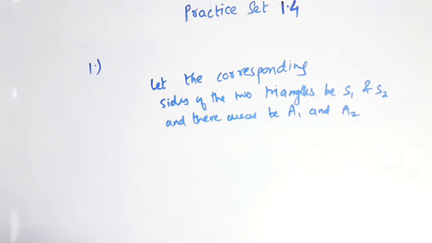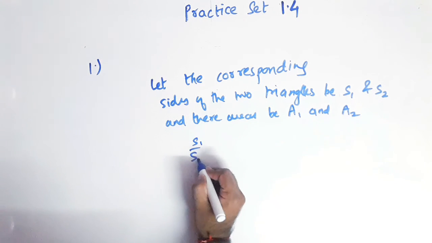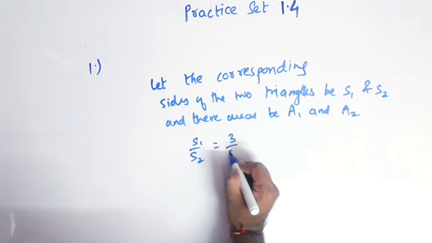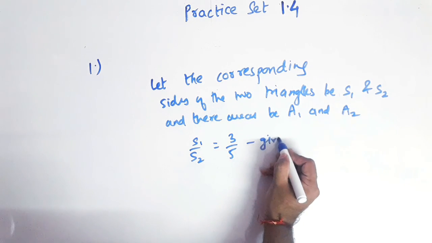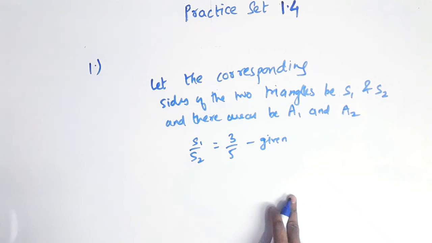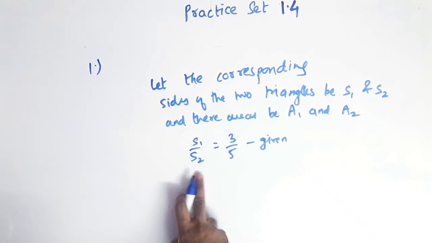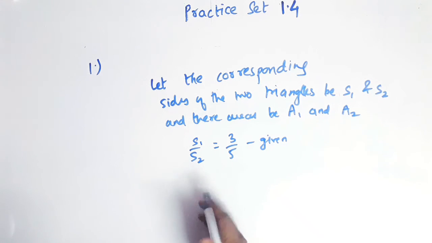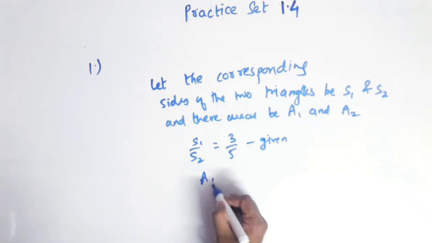So what they have given is S1 upon S2 is equal to 3 upon 5. This they have given. The ratio of the corresponding sides of two triangles is 3:5. Find the ratio of their areas.